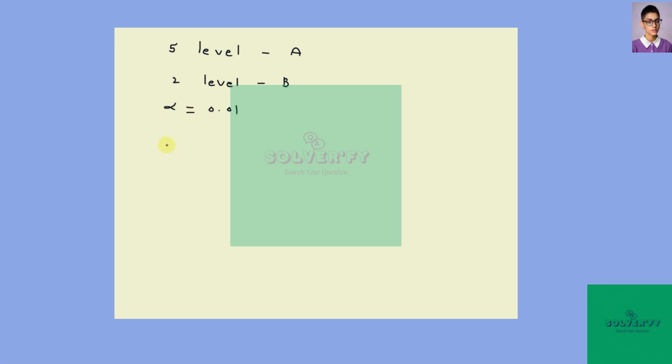First, it is given that there are 5 levels of factor A, so p is equal to 5. Therefore, degrees of freedom for factor A is p minus 1, that is 4, and degrees of freedom for B is 2 minus 1, that is 1, and for interaction, degrees of freedom are (5 minus 1) times (2 minus 1), so the answer is 4.